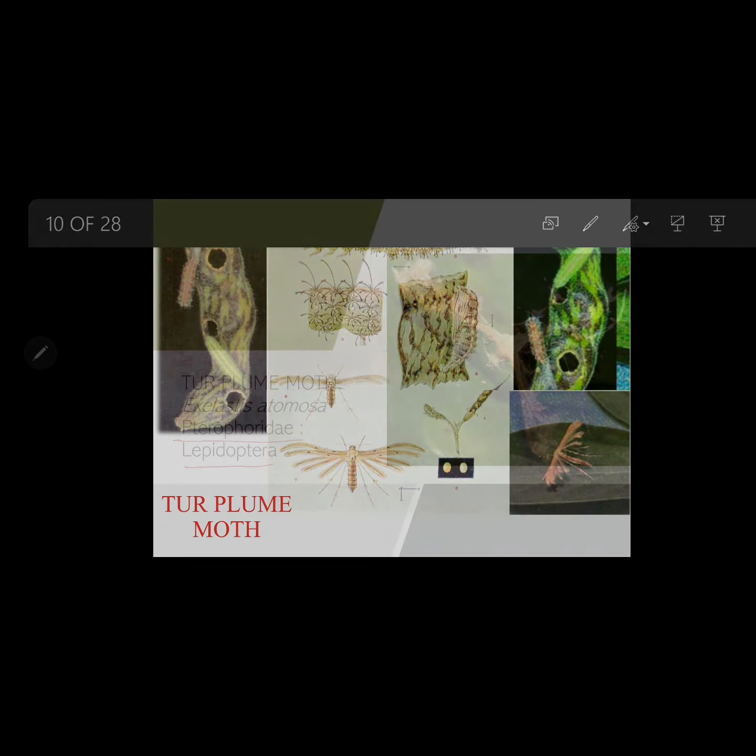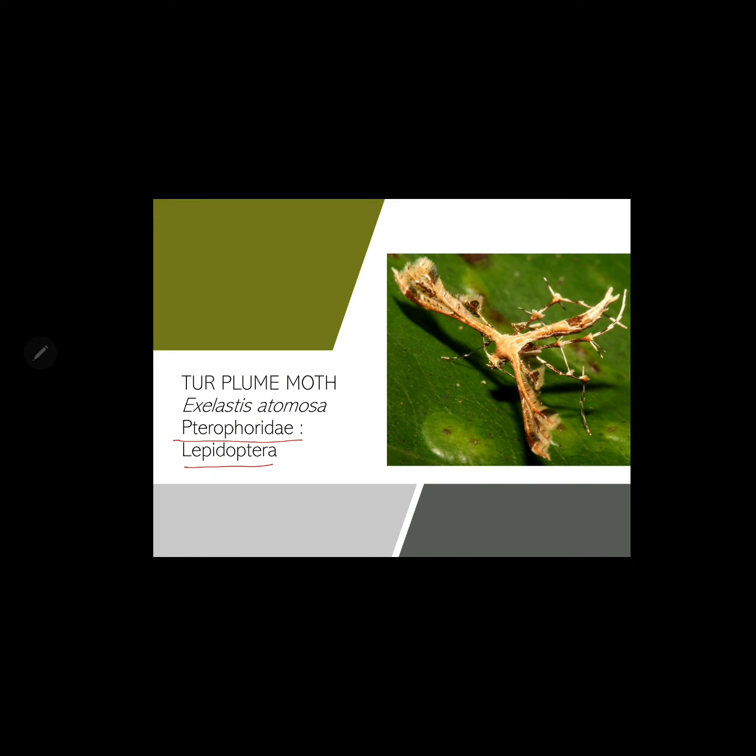Here you can see it is a specific pest of red gram in India. In India, mostly in Andhra Pradesh, Assam, Bihar, Maharashtra, and in Tamil Nadu.